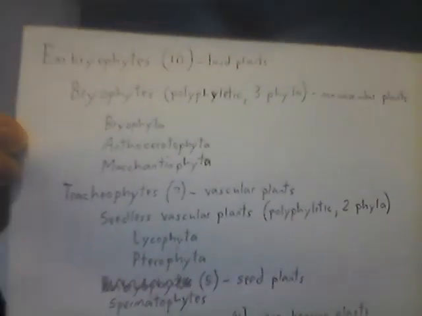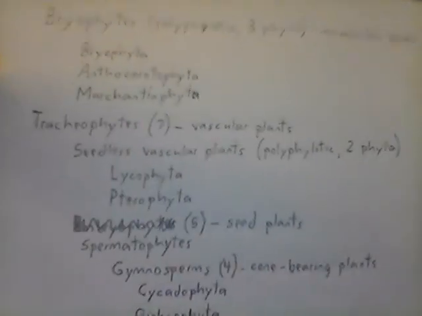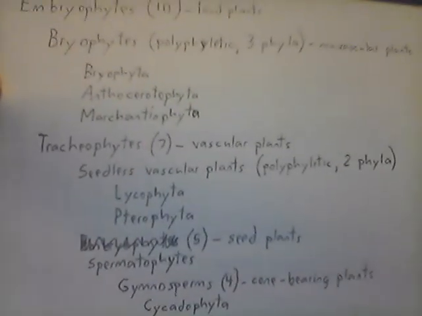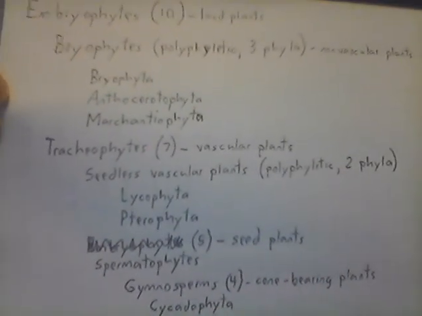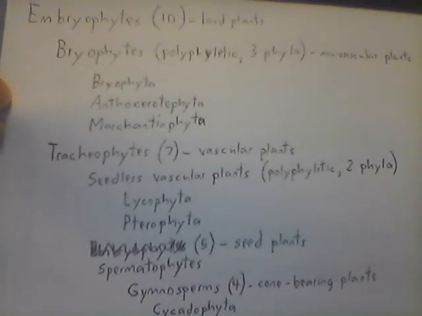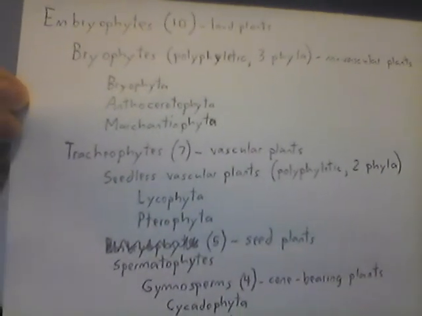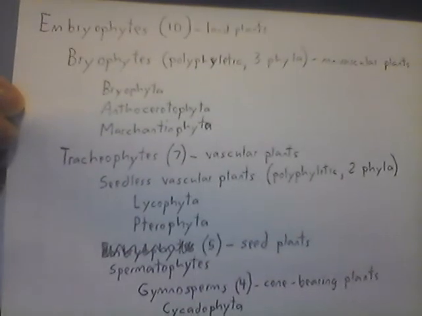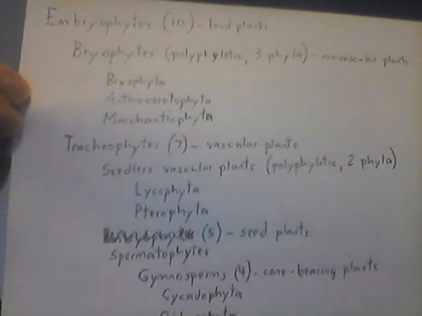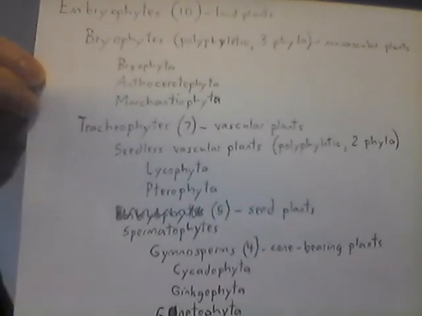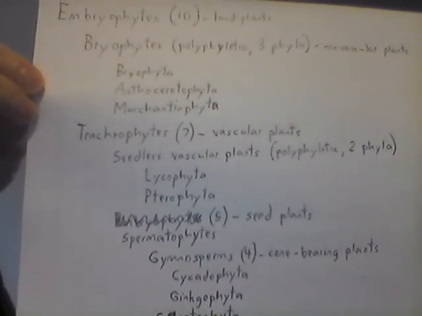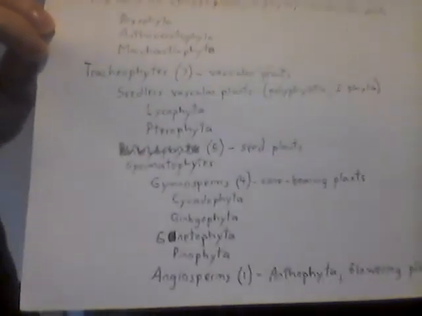Under the heading of the tracheophytes, there are 7 living phyla of vascular plants. 2 of those are seedless vascular plants, the phylum Lycophyta and the phylum Pterophyta. 5 of them are spermatophytes, or seed plants.